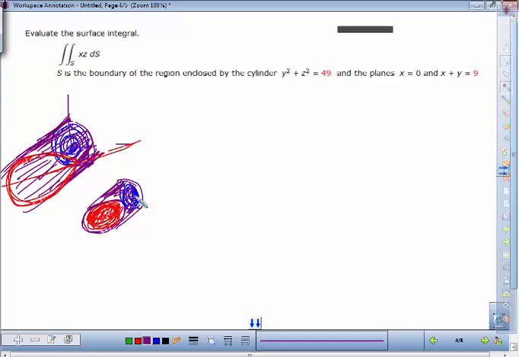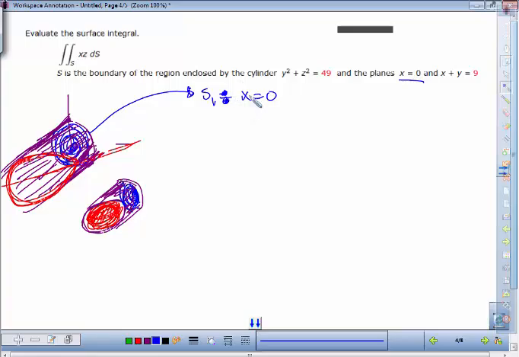Now, the unfortunate thing is that there are 3 surfaces involved here, so we have to consider and parameterize all 3 surfaces. Let's start with S1. S1 will be the surface x equal to 0.